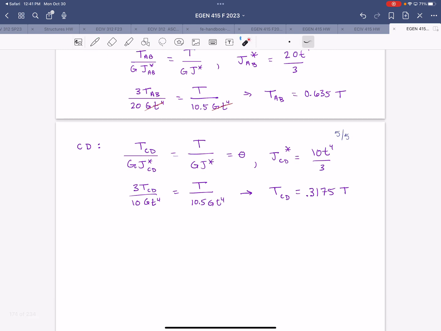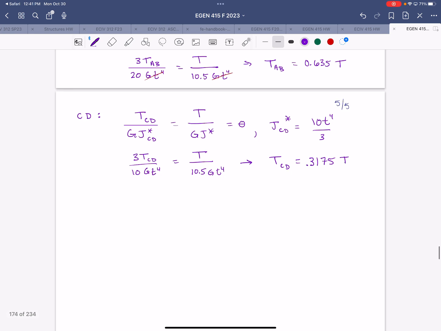And then since we just have one segment left, you could just use algebra to calculate, right, torque minus TAB minus TCD is what's left over. And that's also a good way to verify that you do the calcs correctly, right?